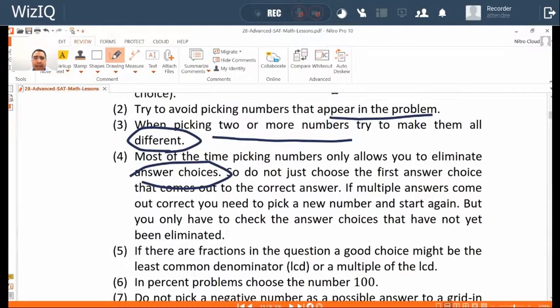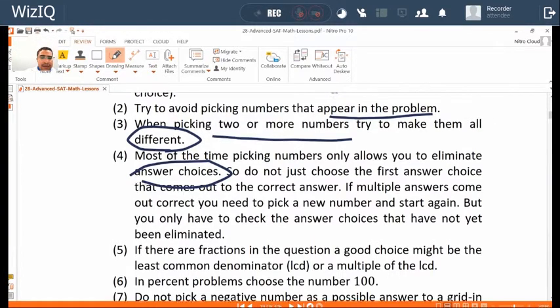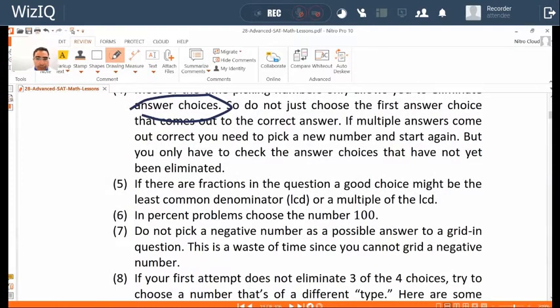But sometimes picking a number would be the best way to answer the question. Sometimes the algebraic solution would be much easier. You need to decide if you are going to answer the problem algebraically or use one of these techniques. Again, you need to check the answer choices that have not yet been eliminated. This is very, very important.